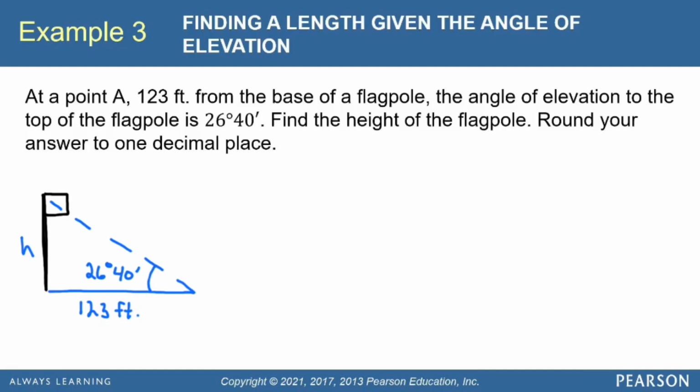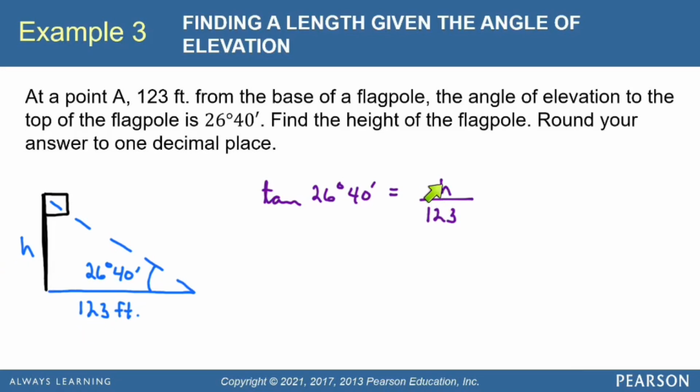Okay, now let's think about how the two involved sides are related to the angle that we know. The 123 feet is adjacent to the known angle, and the H, which is what we're looking for, is opposite the known angle. Opposite and adjacent makes us think of tangent. So let's write the tangent of 26 degrees and 40 minutes is equal to opposite over adjacent, which would be H over 123.